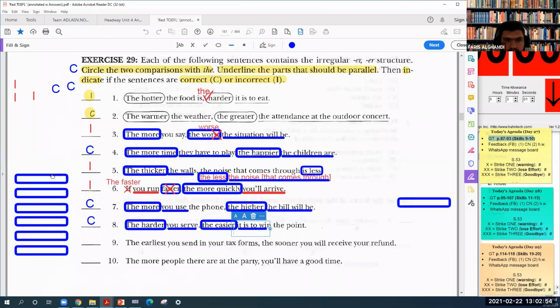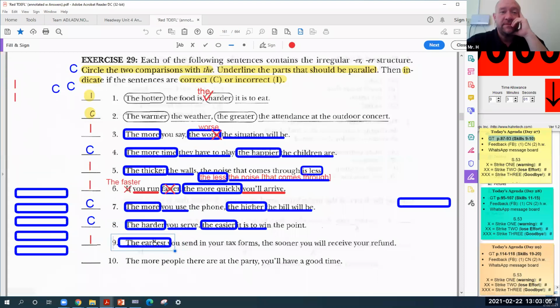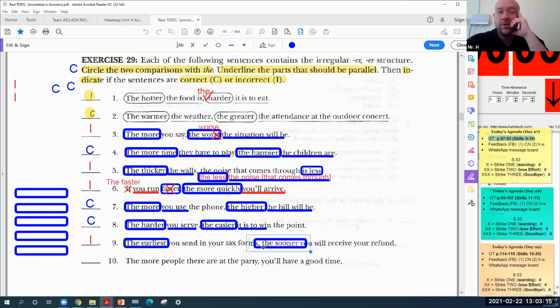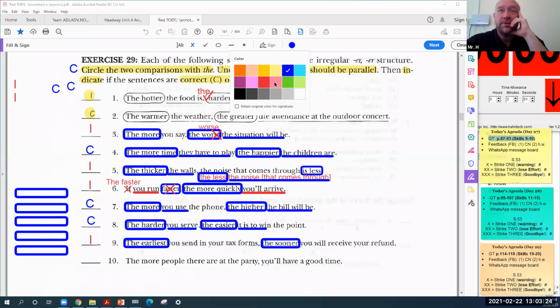Number 9, it is incorrect. The earliest should be comparative. Yes, this is incorrect. And then what about the second circle? The sooner. Is the second one okay? Yes, the second one is okay. You are absolutely correct.